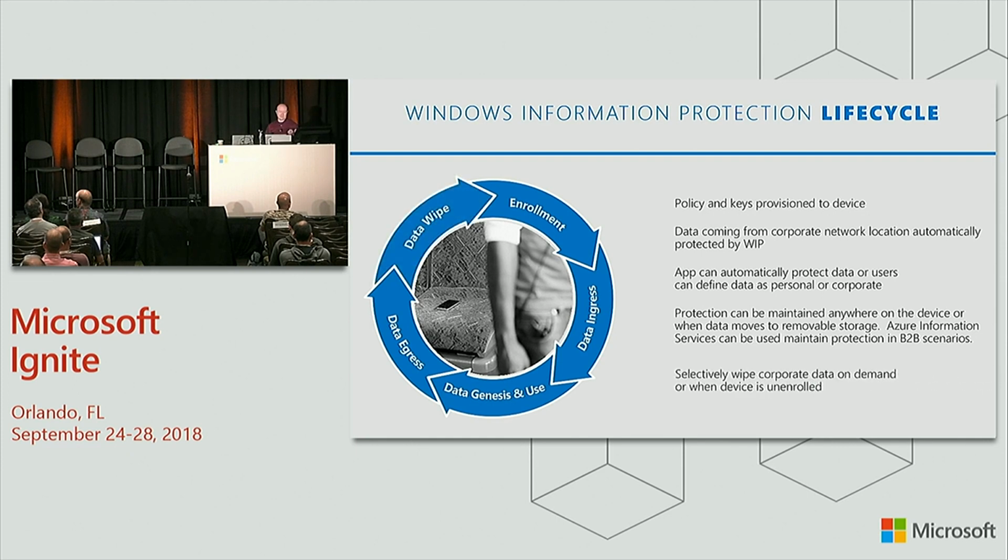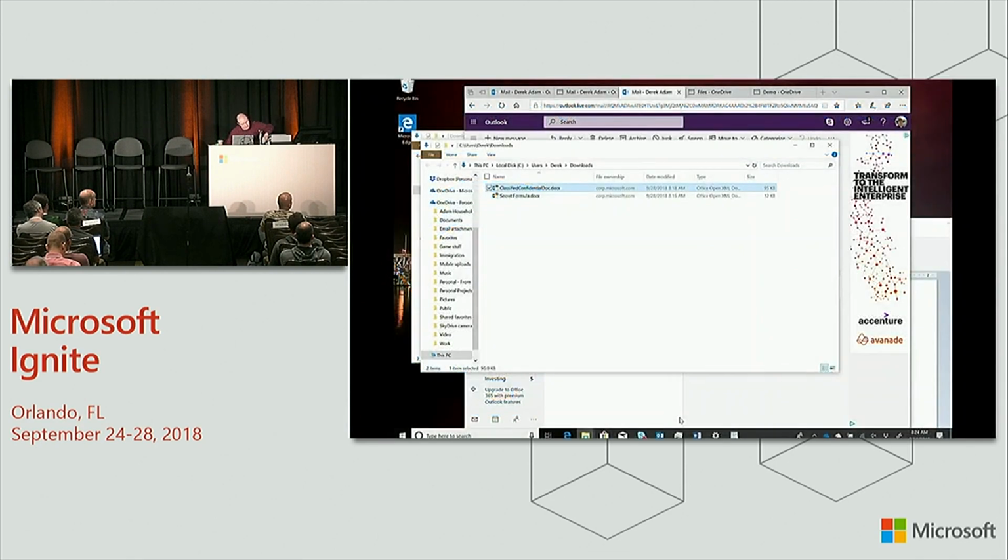I'm going to go out on a limb. Selectively wiping corporate data on demand. Who would like to see me actually wipe this machine? OK. I have not rehearsed this, so wish me luck. This is Windows 7.